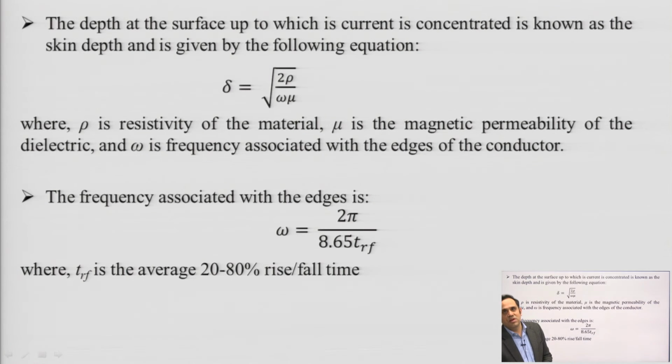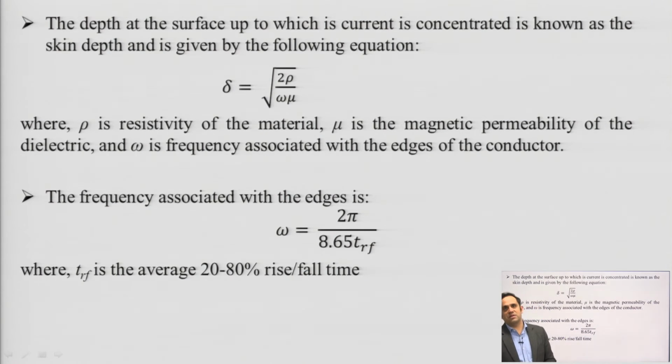Rho is the resistivity of the material, mu is the magnetic permeability of the dielectric, and omega is the frequency associated with the edges. The frequency associated with the edges, omega, in the above formula can also be written as 2 pi divided by 8.65 TRF.